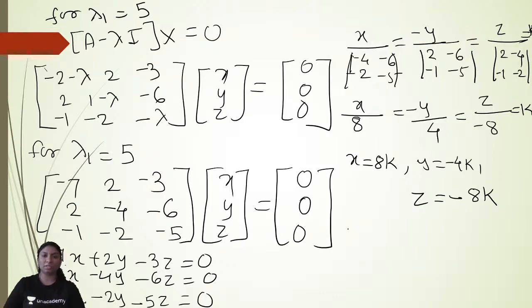So for this eigenvector X1, if I take 4k common, then you will get 2, minus 1, minus 2.